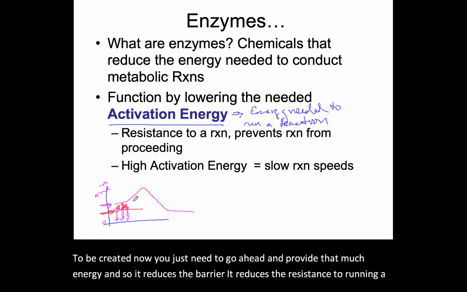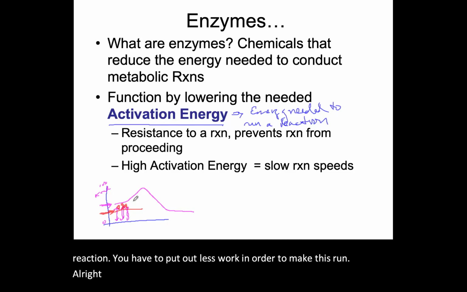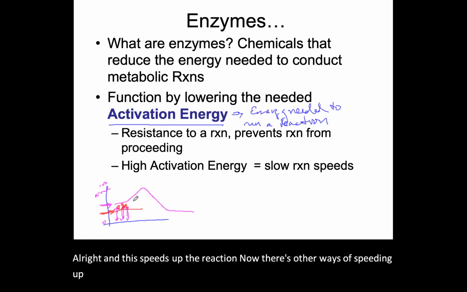You have to put out less work in order to make this run. So the higher the activation energy, the slower a reaction is going to run. Enzymes come in to reduce that. And this speeds up the reaction. Now, there's other ways of speeding up a reaction.